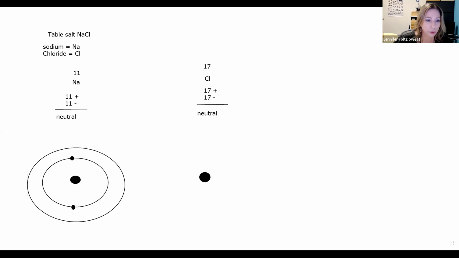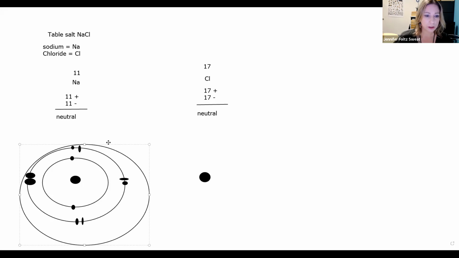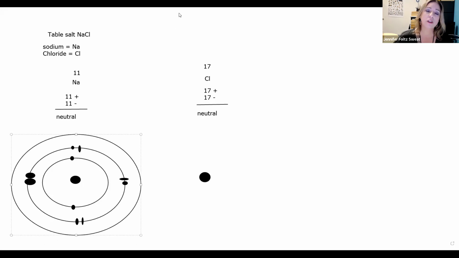So we have 1, 2, 3, 4, 5, 6, 7, 8, 9, 10. But sodium has 11. So you need one more electron shell. Now, just as with the second shell, the third shell would require 8 electrons to be stable. Now let's look at chlorine.